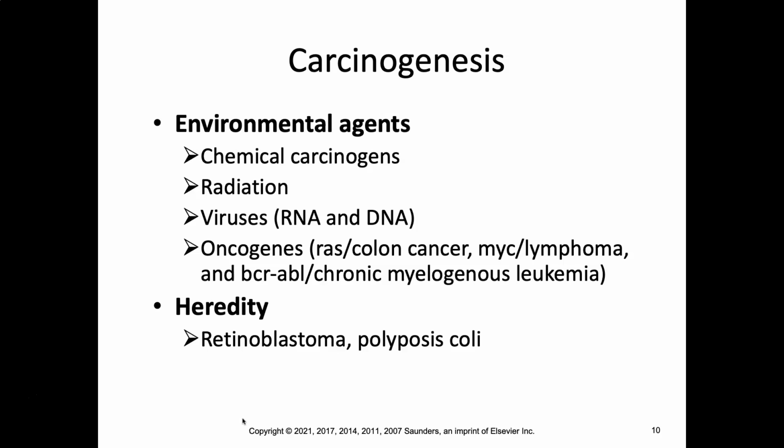All right, environmental agents are a big reason why people develop cancer. There's a lot of chemicals. We deal with radiation. There's plenty of viruses going around. And we all know that we inherit genes, and I'm not talking about the kind you wear. I'm talking about the kind you inherit from your parents, your grandparents, your great-grandparents.